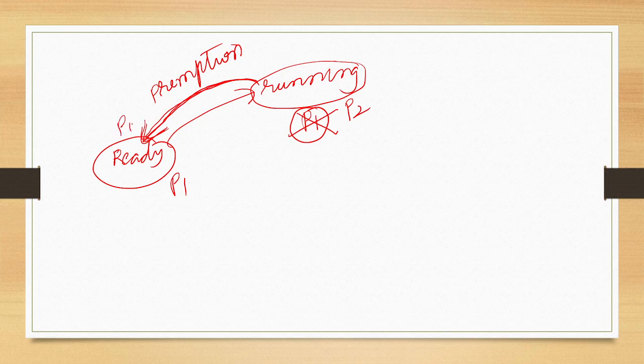Here process P1 again comes into ready state, because we are removing the CPU from P1 and allocating it to P2. This is called preemption. If it is a preemptive CPU scheduling algorithm, we will preempt the CPU from the currently executing process and allocate it to some other process.